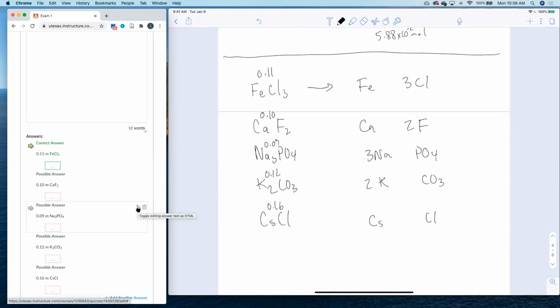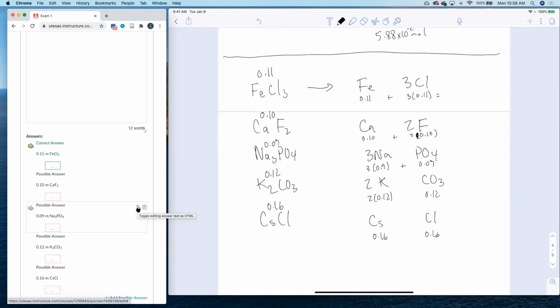So the practical concentration here is going to be 0.11 plus 3 times 0.11. And here it's going to be 0.10 plus 2 times 0.10. This will be 3 times 0.09 plus 0.09, 2 times 0.12 plus 0.12, and then 0.16 and 0.16.